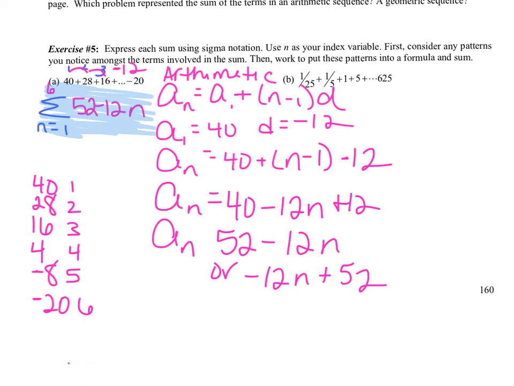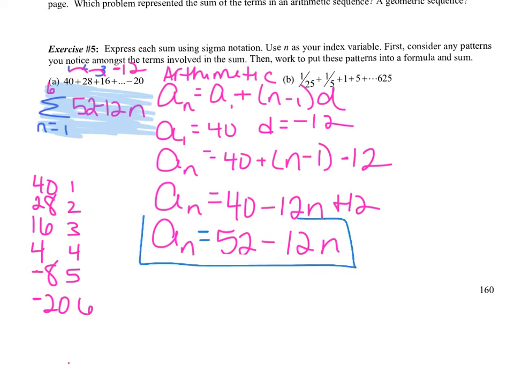Now, what would you do if it was a number higher than 6, or you just felt like you kept going in the pattern and you weren't getting there, or you just wanted to do it quickly? Well, I don't know the term, but I do know what the term is equal to. So I would actually use this formula and plug a negative 20 in there and figure out what the n is.